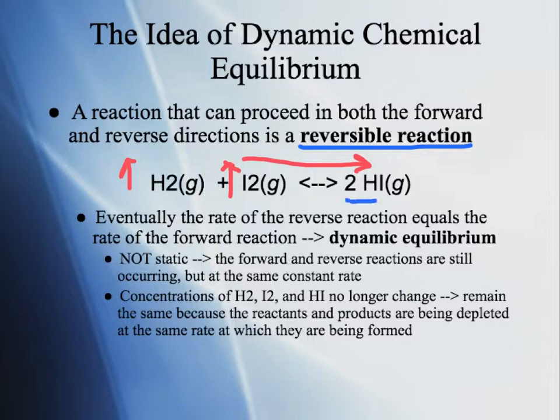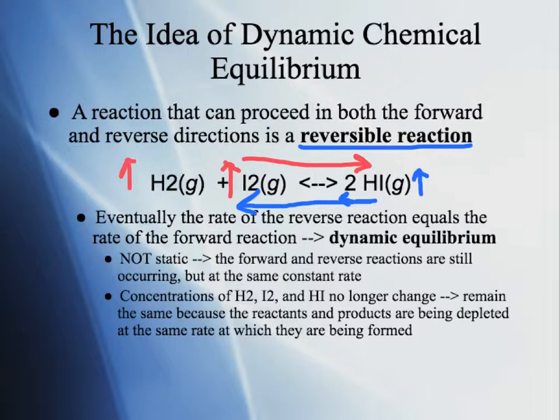At first, the reaction rate going from HI back to the hydrogen and iodine gases is going to be very small. However, as this forward reaction goes, we're going to decrease the amount of reactants, and so we're going to have a large increase in products, and so this backwards reaction is going to start to go at a faster rate.